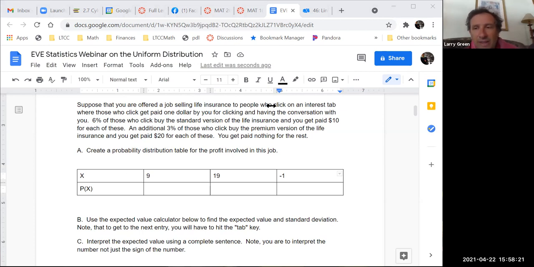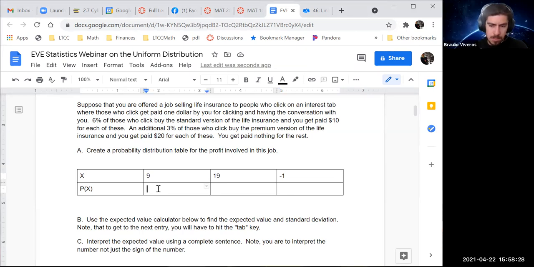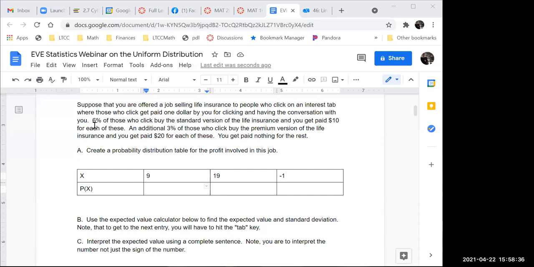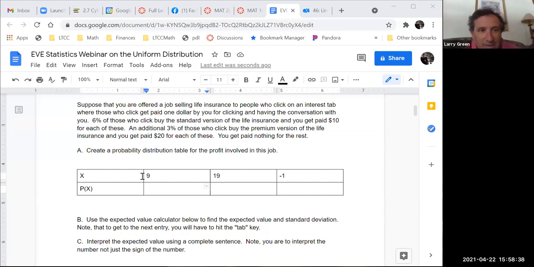Okay, so now we need to find the probabilities. What is the probability that X equals 9? 6%, so 0.06. Yeah, so 6%, and 6% is 0.06.